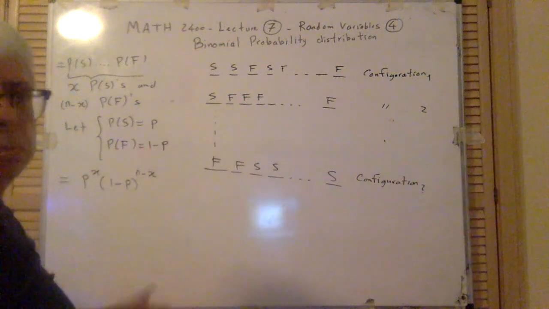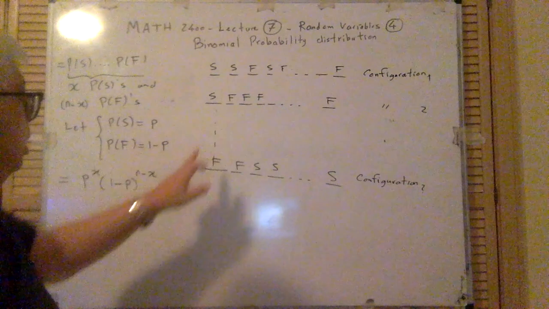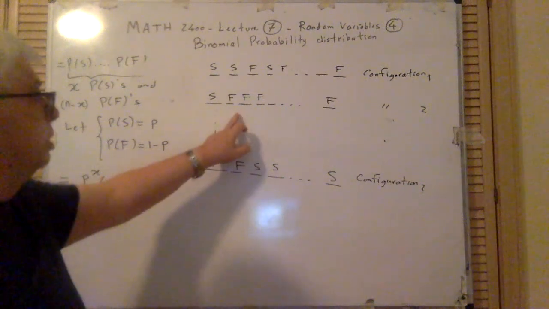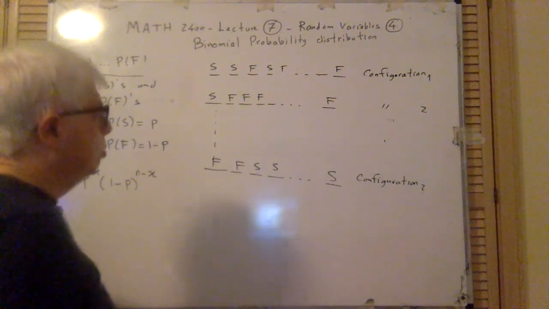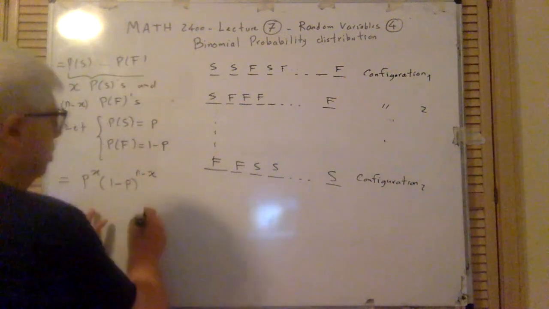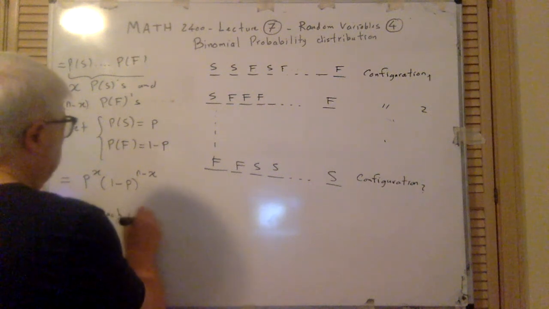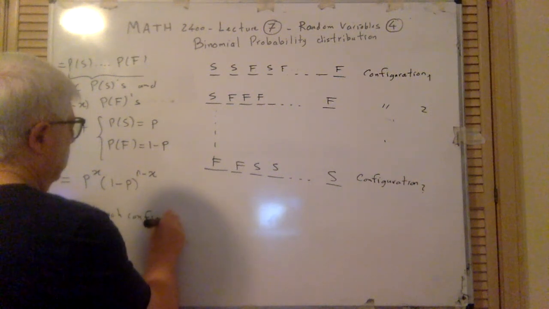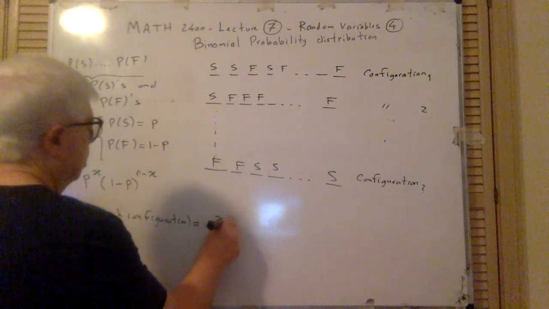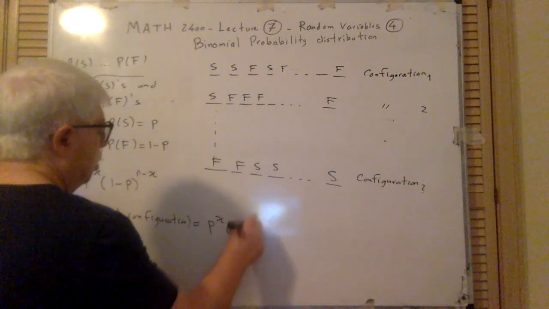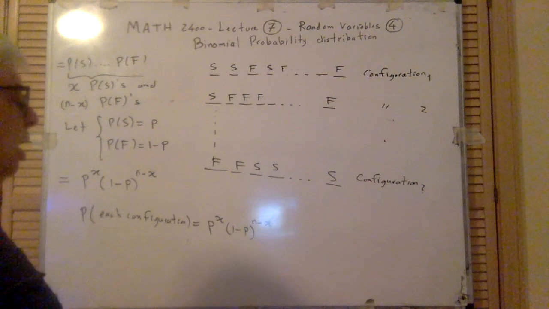How about this one? That's the same thing. I have x p's here and n minus x f's, and so on, until the last one, right? So the probability of each configuration is simply p to power x times 1 minus p to power n minus x. Okay.